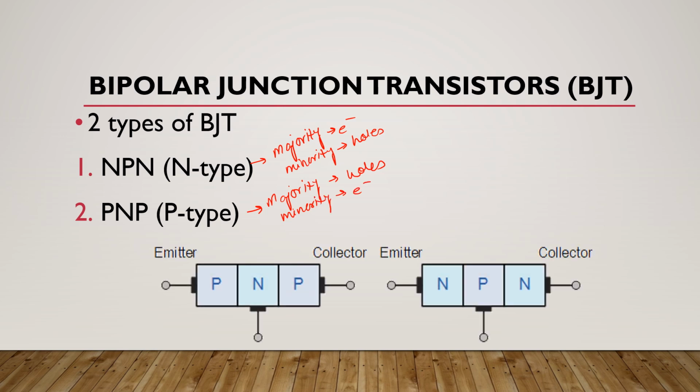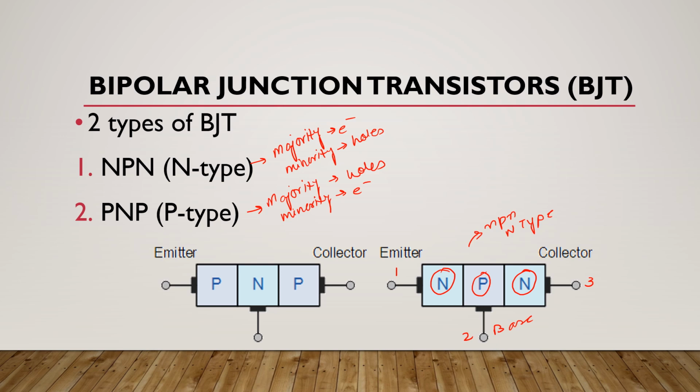Now, look at this figure. This is NPN or N-type BJT, which has two layers of N-type material and one layer of P-type material, which is base. So this is first terminal, this is second terminal, and this is third terminal of this N-type BJT.